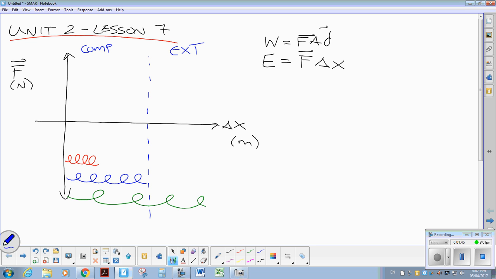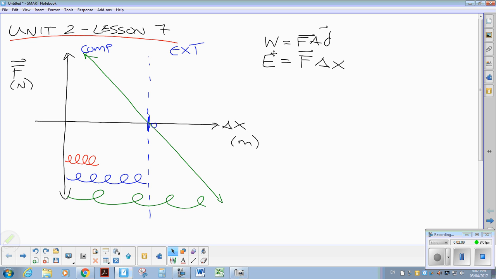If we assume the natural rest position is our zero in terms of extension, and we do an experiment and graph it out, the resulting graph would be a line that would show the amount of force in either direction required to compress or extend the spring.